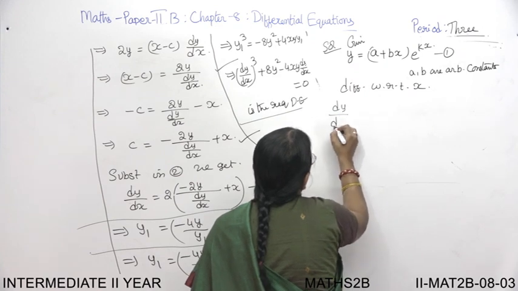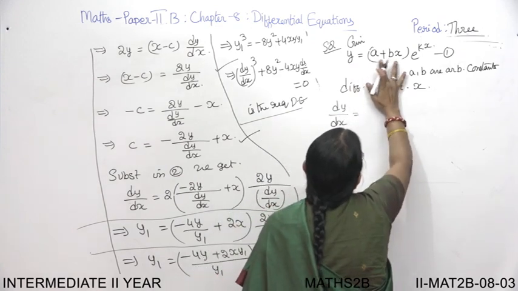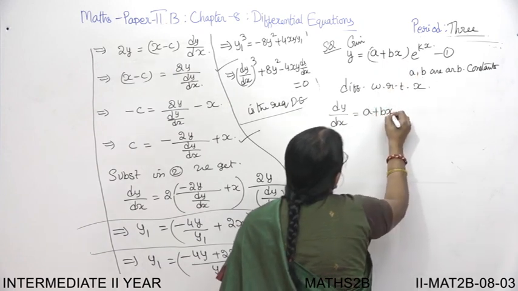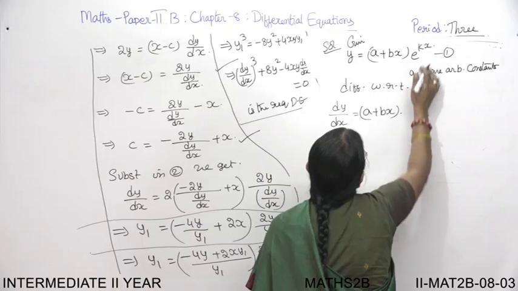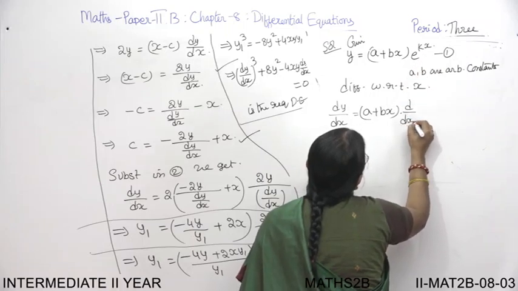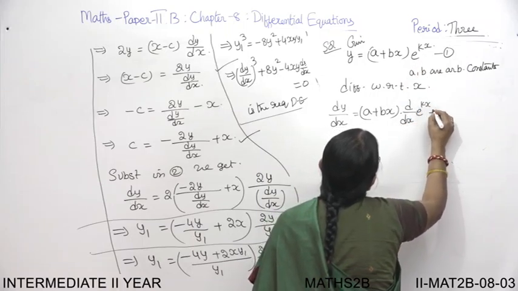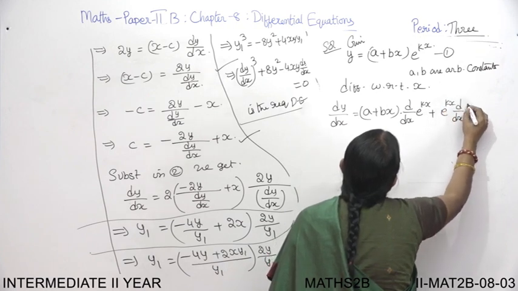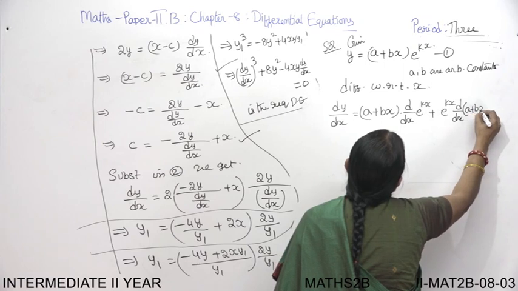So dy by dx is equal to, this is in the form uv. So first function into the derivative of second function, derivative of e power kx, plus e power kx into the derivative of a plus bx.